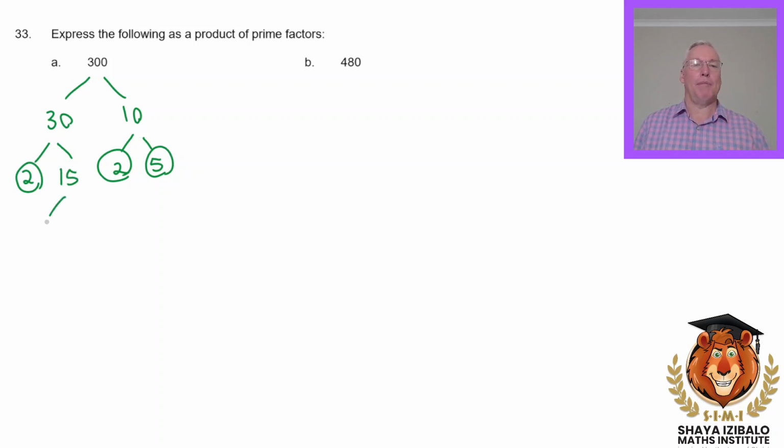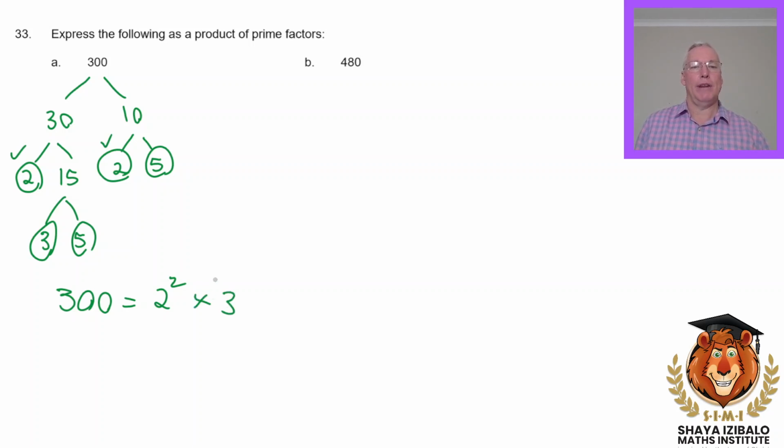And 15 is not prime, but it's 3 times 5, both of which are prime. Okay, so 300 is actually 2 squared times 3, only 1 three, and 2 fives. Right, so we've got all our bits and pieces.